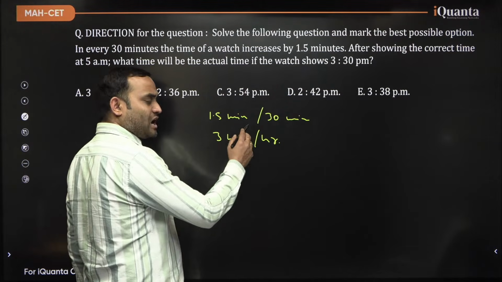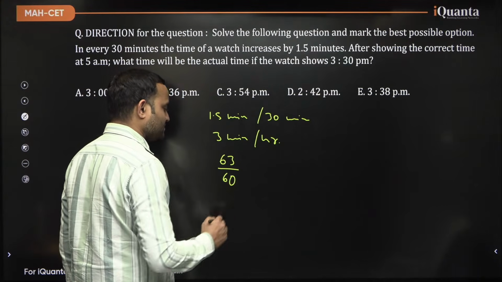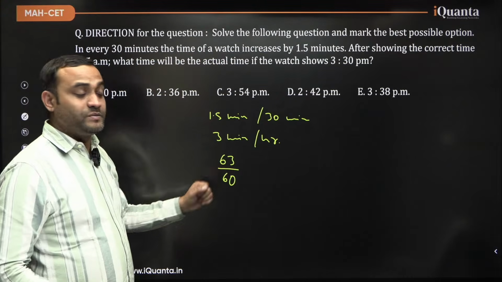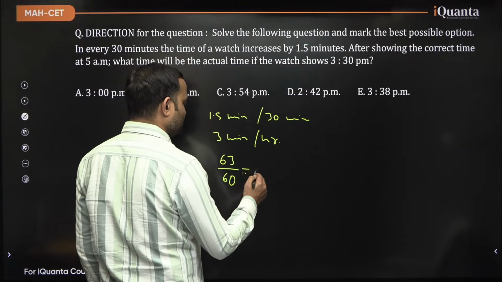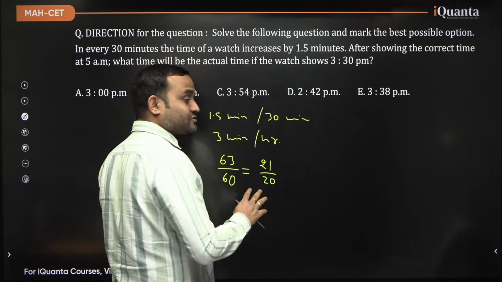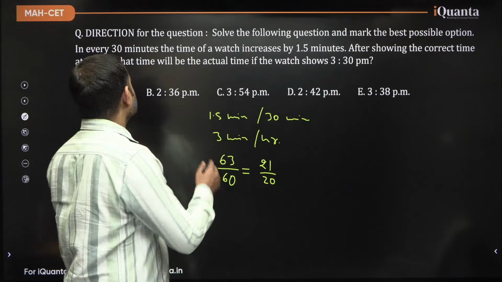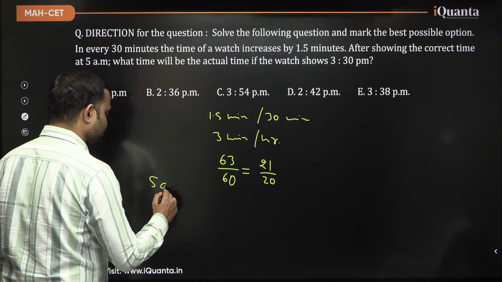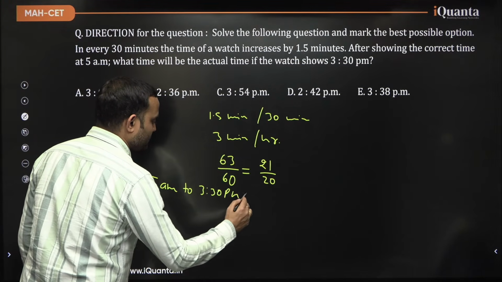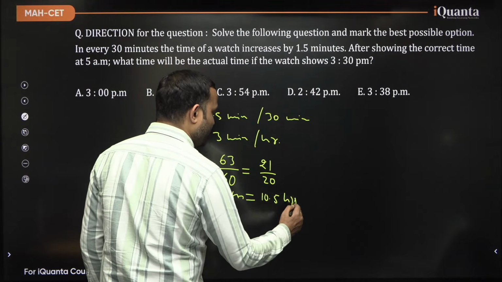3 minutes per hour means 63 minutes and 60 minutes. The time in this watch and the actual time will be in the ratio of this, which is equal to 21/20. This will be the ratio of the time in the watch and the actual time. The watch shows 5 am to 3:30 pm, which is a total of 10.5 hours.